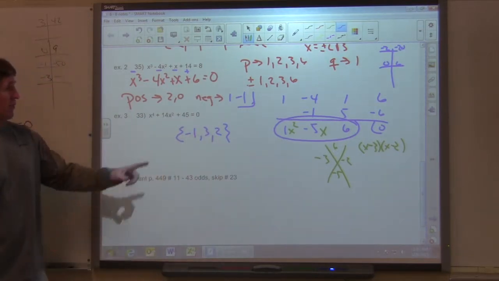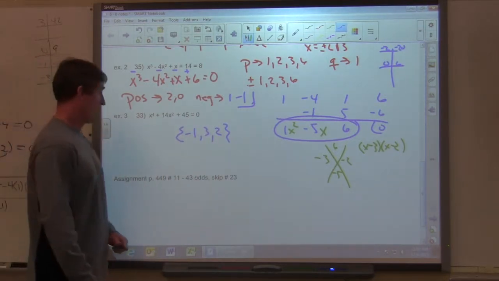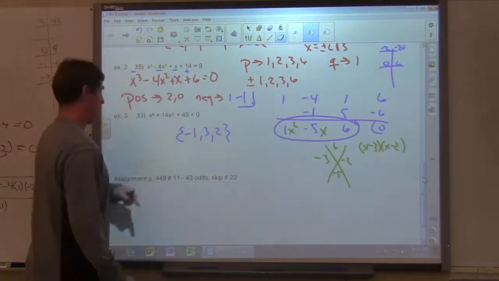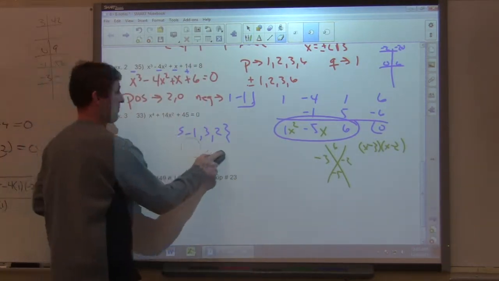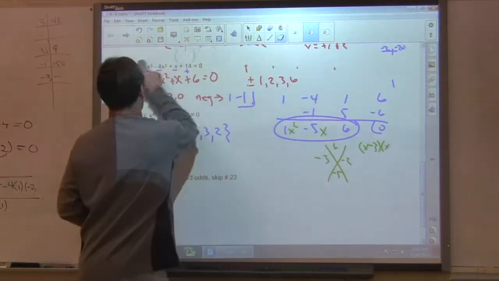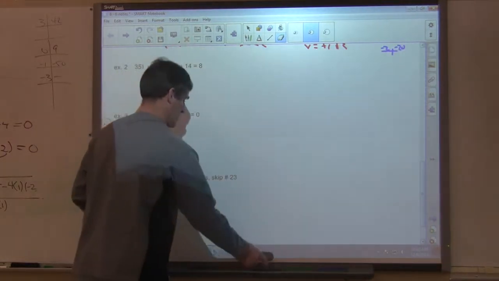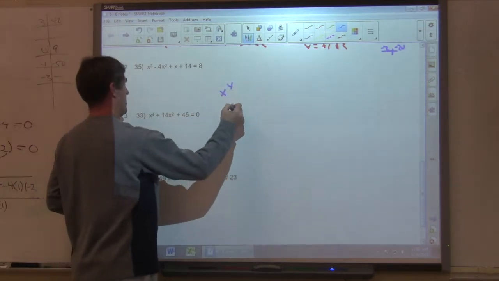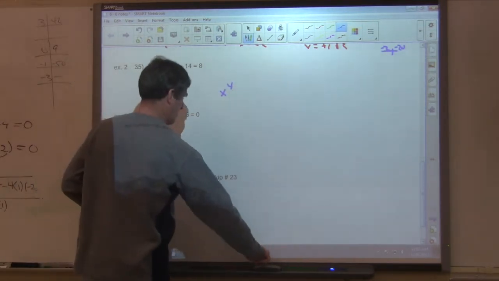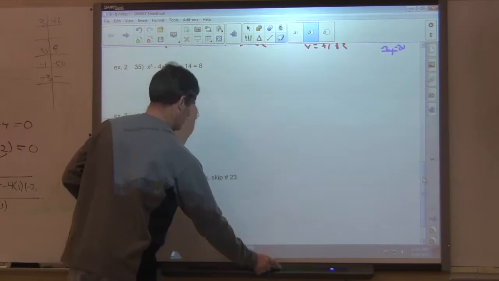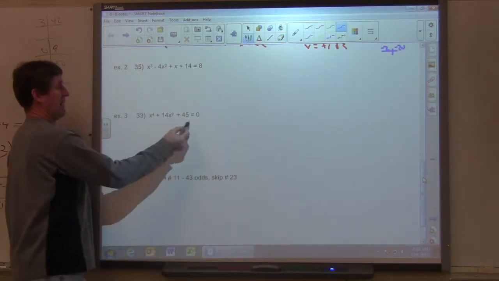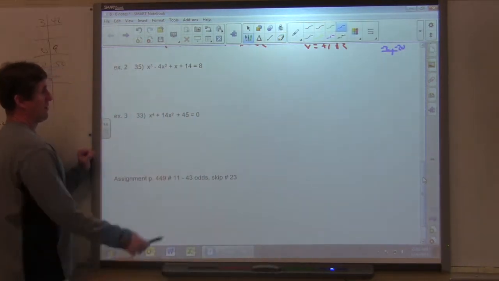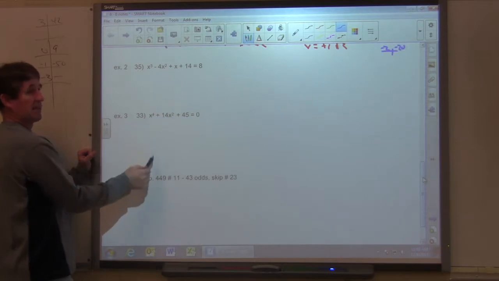Hopefully that worked out, or you can tell where you made your mistake. Let's go to the next one, number 33. X to the 4th. So again, can I factor? Well, there's no greatest common factor, but this is x squared and this is x to the 4th.